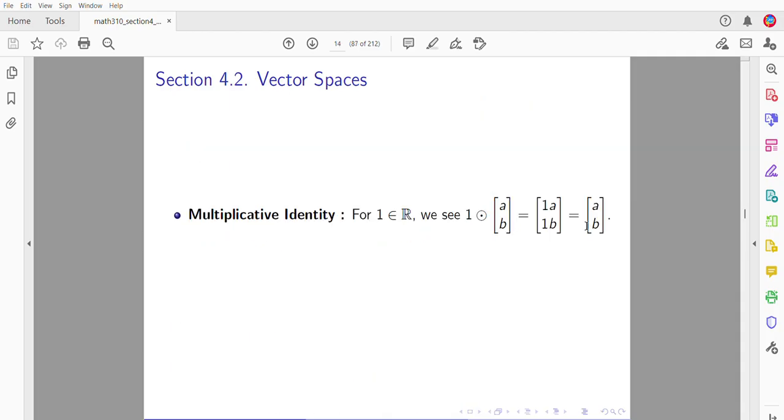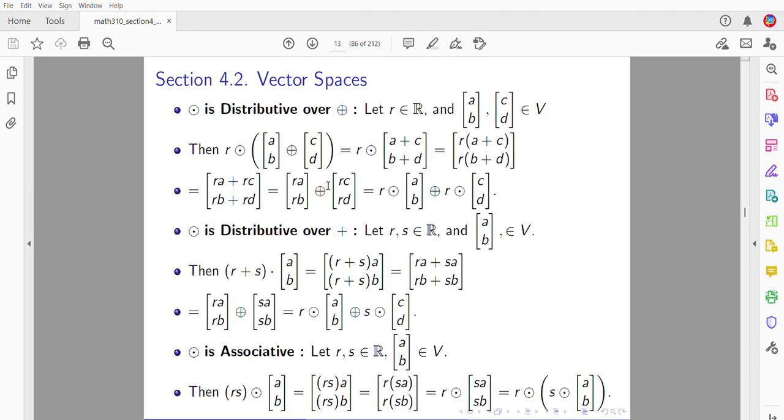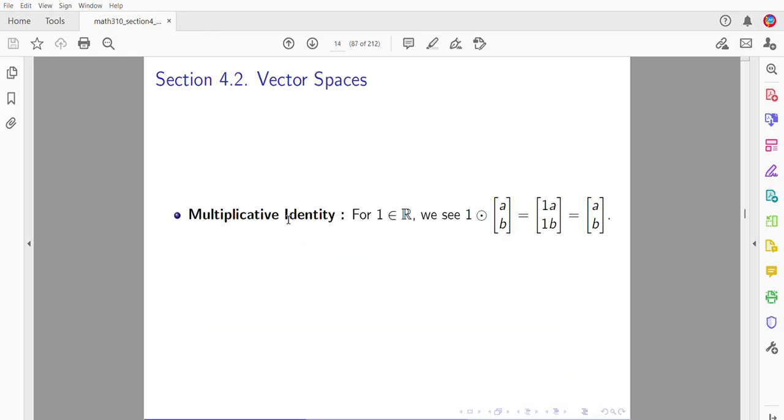What about multiplicative identity? Well, 1 in R, that is real numbers, 1 is an element of the set of real numbers. 1 ⊙ vector AB is (1A, 1B), which is AB. So that 1 from the reals is the multiplicative identity for ⊙ as well. So you see ⊙ satisfied these four conditions, 1, 2, 3 and 4.